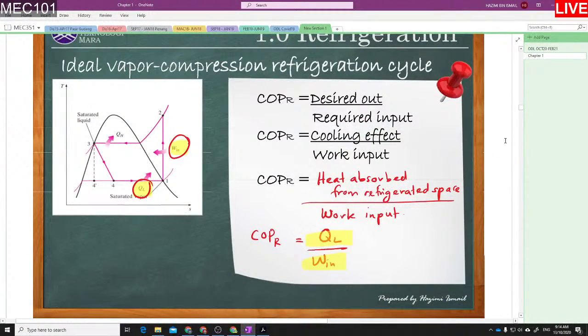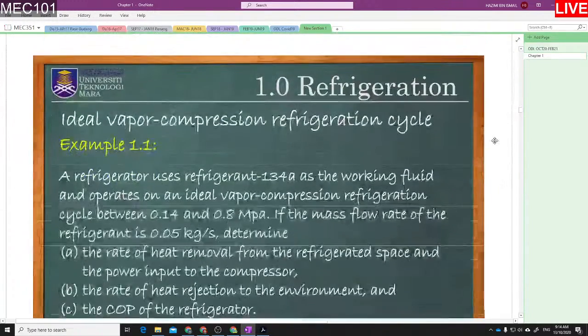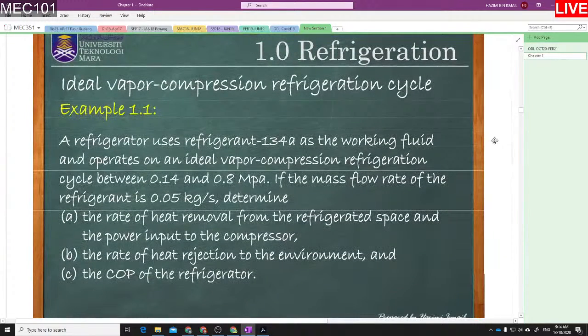Okay, kita sambung balik. Dah saya dah explain sikit-sikit pasal ideal vapor compression cycle, tapi dia lagi senang kalau kita buat example. Sebab saya nak refresh balik awak punya understanding of thermodynamic process yang kita belajar dekat MEC351.